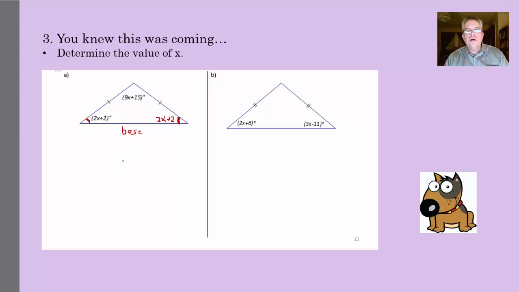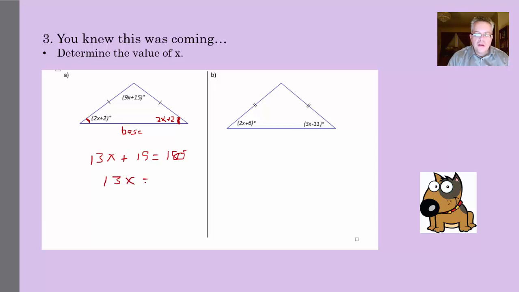Now I have all three angles marked with an expression. I'm going to add them up and set it equal to 180. Combining like terms, 2x plus 9x plus 2x is 13x. Add up the numbers: 2 plus 2 is 4, plus 15 is 19. That has to equal 180 degrees because it's a triangle.